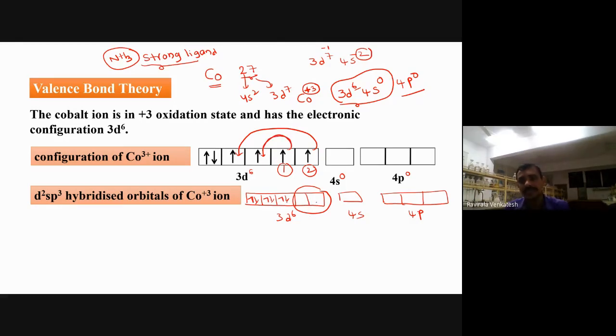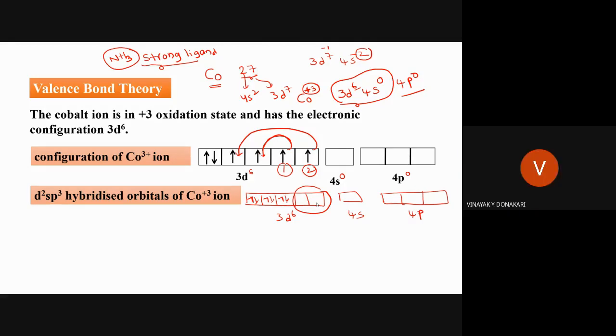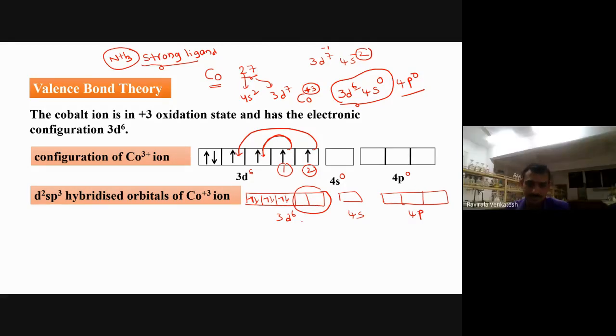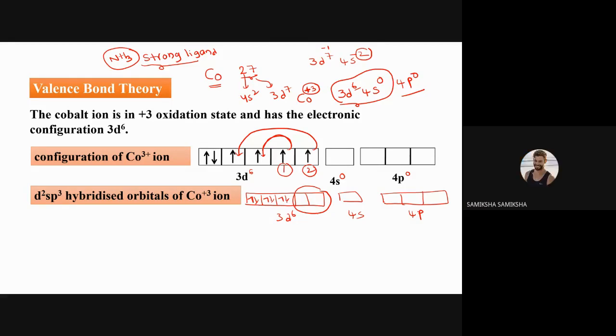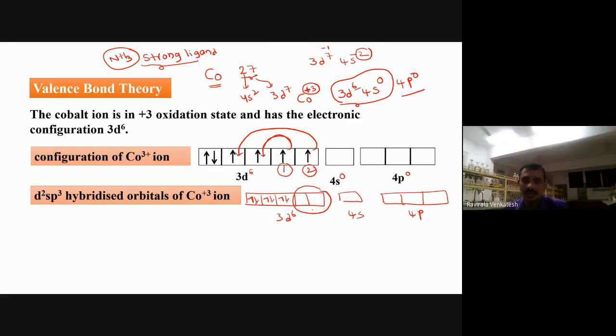Now how many d orbitals are empty? Samiksha? 2. Yes, sir, two d orbitals are empty. Now you write here d2, because two d orbitals are mixing like this.